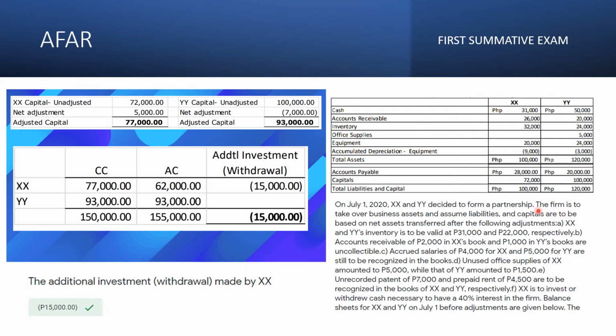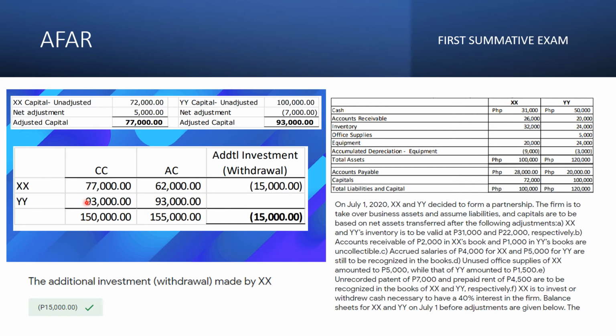Another important detail: the firm is to take over business assets and assume liabilities, and capitals are to be based on net assets transferred after the adjustments. So therefore, based on the adjusted capital. In detail F, XX is to invest or withdraw cash necessary to have a 40% interest in the firm.